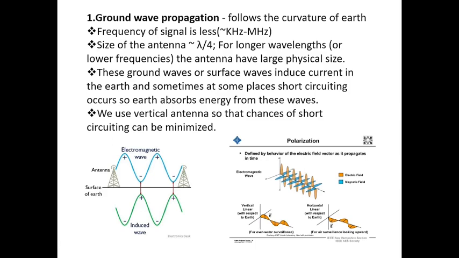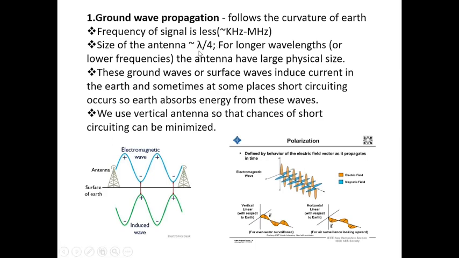So here the frequency range of these ground waves is very less, in the range of kilohertz to megahertz. To radiate the signal from the transmitter with high efficiency, the size of the antenna must be comparable to that of the wavelength.